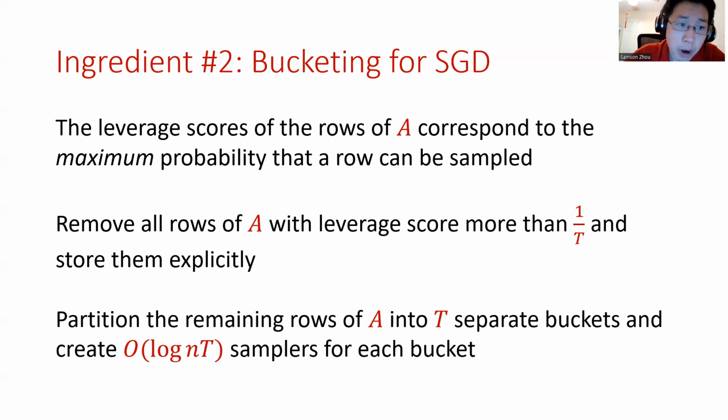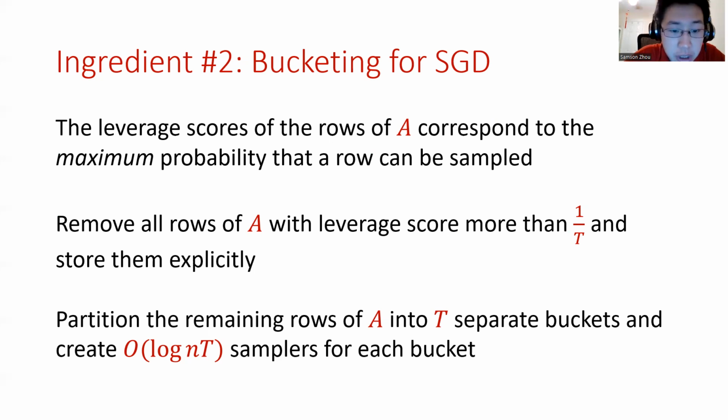So first, we remark that the leverage scores of the rows of A correspond to the maximum probability that the row can be sampled. So the sampling probabilities for the rows of A will differ depending on the current iterate for SGD, but they're going to be upper bounded by the leverage scores of the rows of A. So if we remove all the rows of A with leverage score more than 1 over t, and store them explicitly, then the remaining rows that haven't been stored explicitly can only be sampled with probability less than 1 over t.